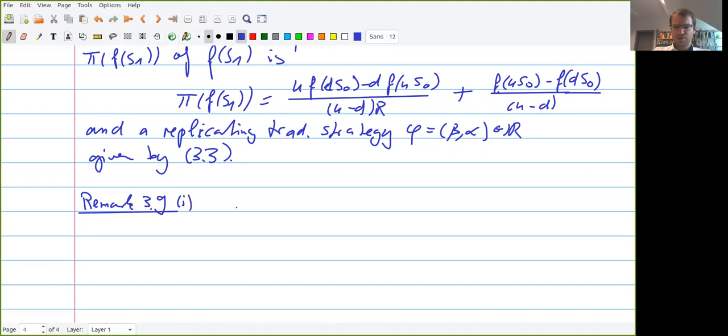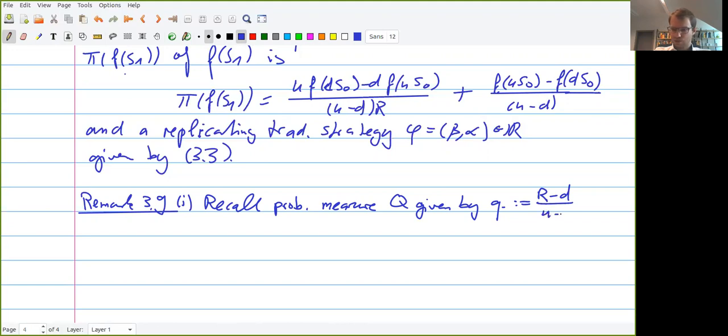First thing we want to remark, if you look at this formula, is, if we recall our probability measure Q, which was given by Q defined as (R minus D) divided by (U minus D).